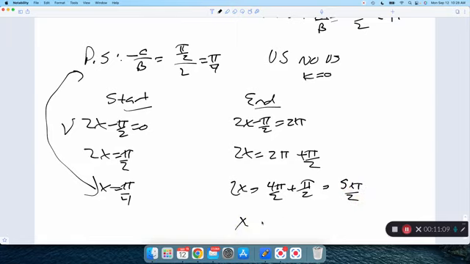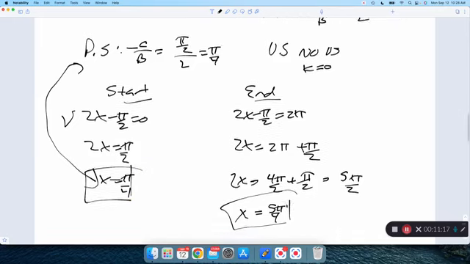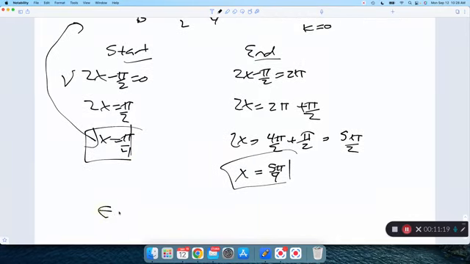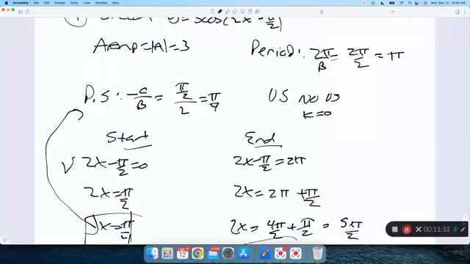So divide by 2, and we get 5 pi over 4. And then we should always check end minus start should equal the period. And we can just do that in our head. 5 pi over 4 minus 1 pi over 4 would be 4 pi over 4, which is pi.